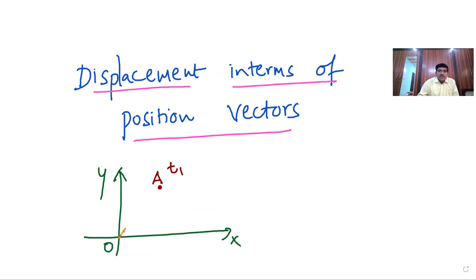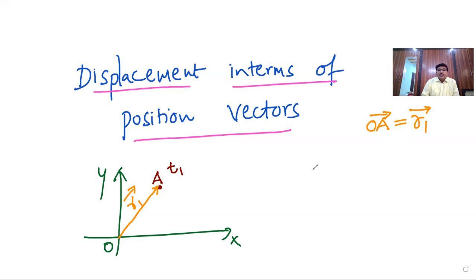So origin to this point A, OA bar, is a position vector. Let us say I indicate it as R1 bar. OA bar is R1 bar.